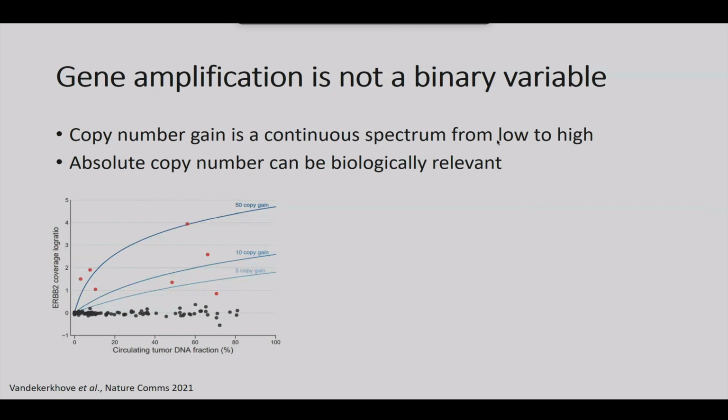Some of these have the equivalent of a 5 copy gain, others a 10 copy gain, others a 50 copy gain. I often ask people, should tests just report HER2 amplification in this sample, or should we differentiate between a 50 copy gain versus a 5 copy gain? Because I'm going to bet there's a biological difference there.